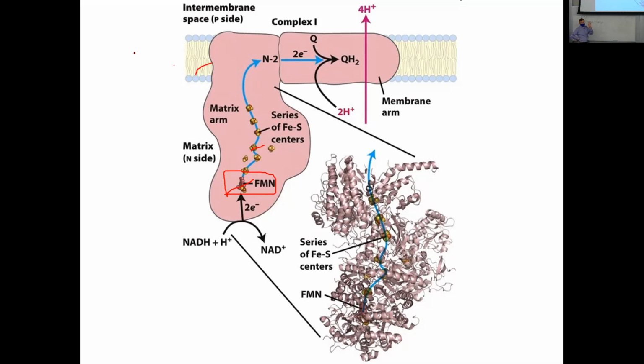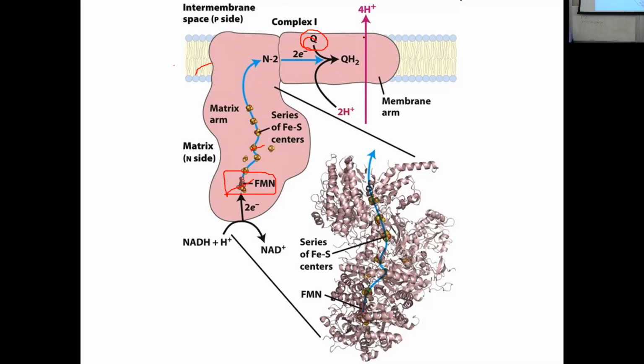Now think about this. Each of those steps represents a redox step. And overall, the energy in the system has to get lower and lower, or there is no free flow of electrons. Ultimately, those electrons are conferred to Q to form QH2.